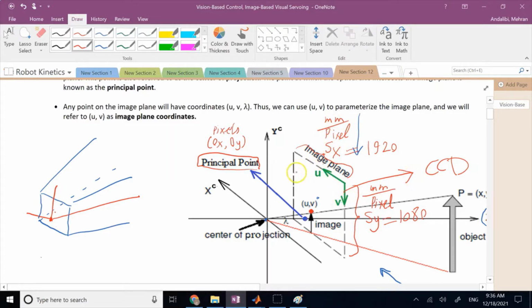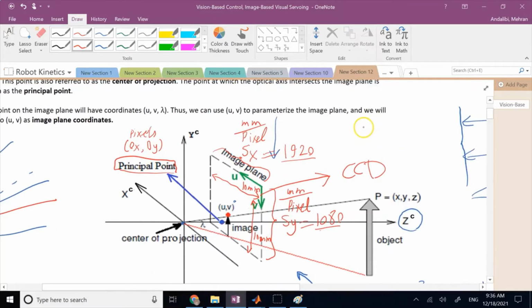Because let's say the CCD, for example, is 10 mils wide, and maybe 10 mils high. But in that 10 mils wide, 10 mils high, in the horizontal direction you have 1920 pixels, and in the vertical direction you have 1080 pixels, right?